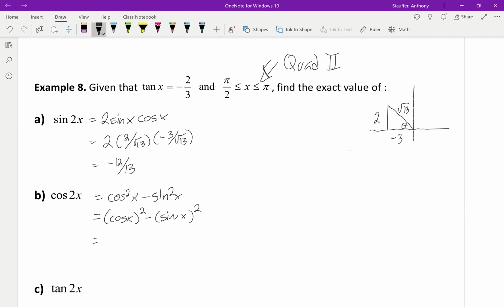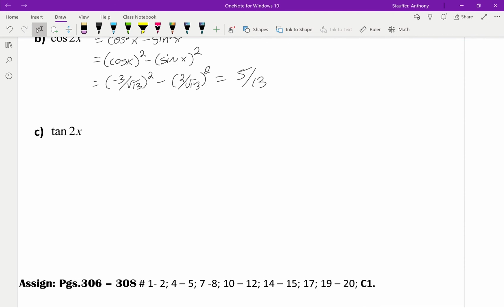This will end up giving me negative 3 over root 13 squared minus 2 over root 13 squared, which would end up giving me 5 over 13.